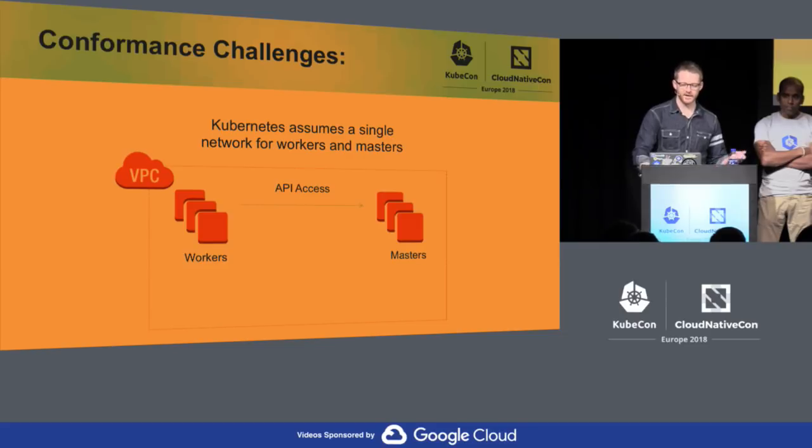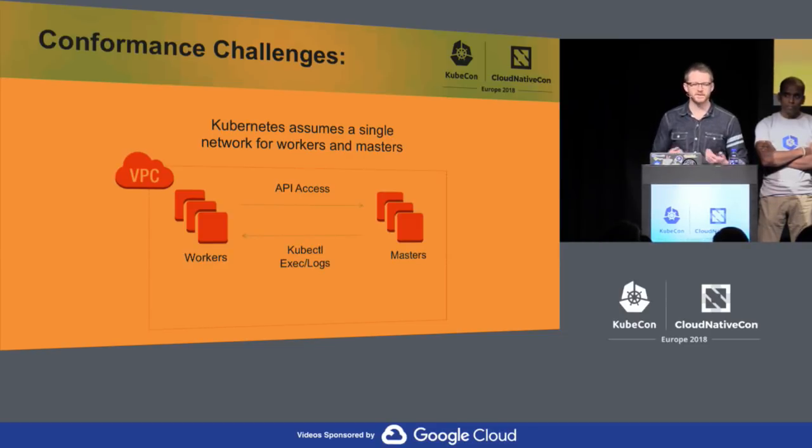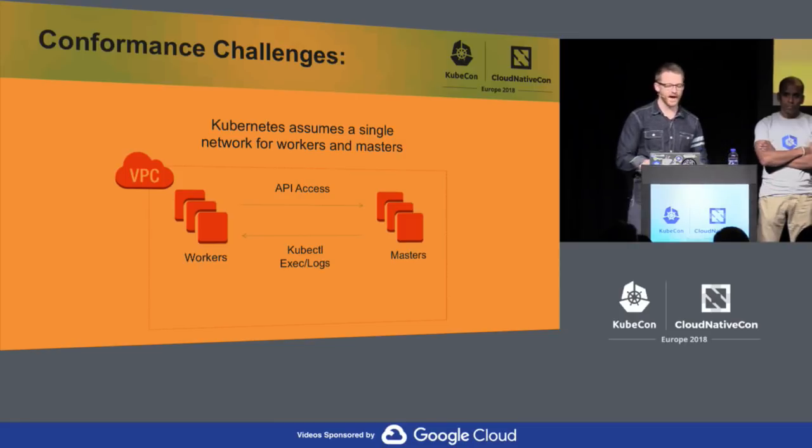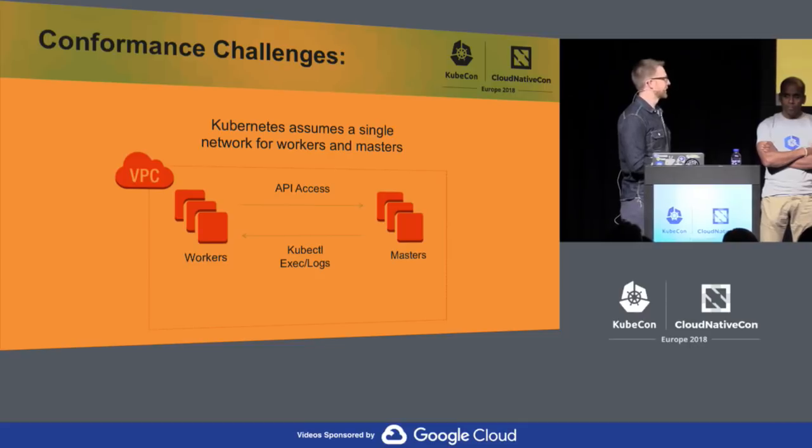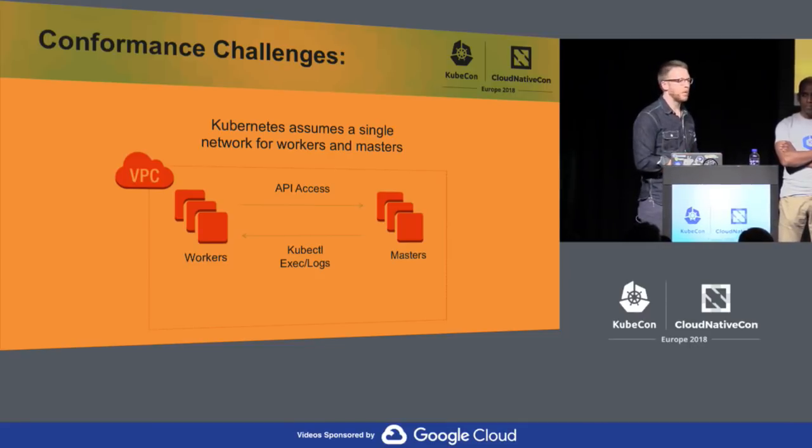Kubernetes generally assumes that the masters and the workers run on the same network and have direct access to each other. This is because there's a bidirectional data path. Your workers reach out to the masters to access the API, and the masters invoke connections into the worker nodes to support data flows like exec, logs, and proxy. All of these treat the kubelet as the server.